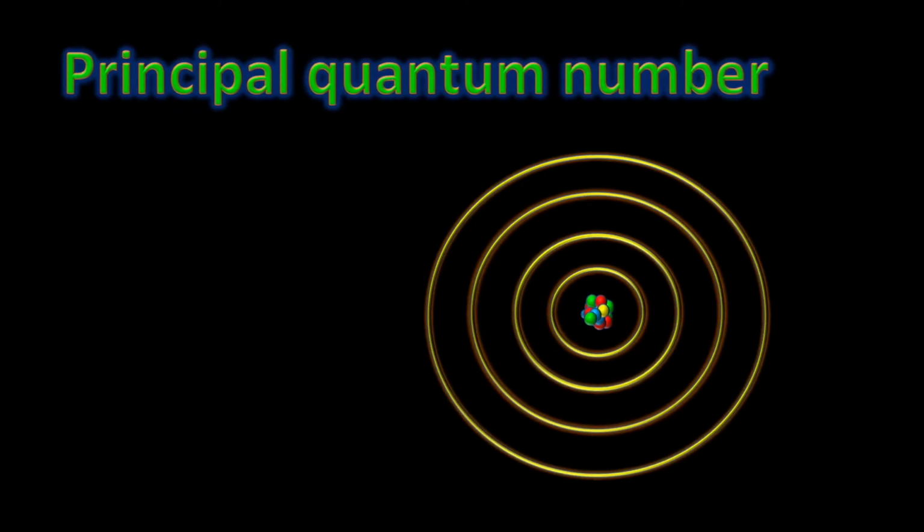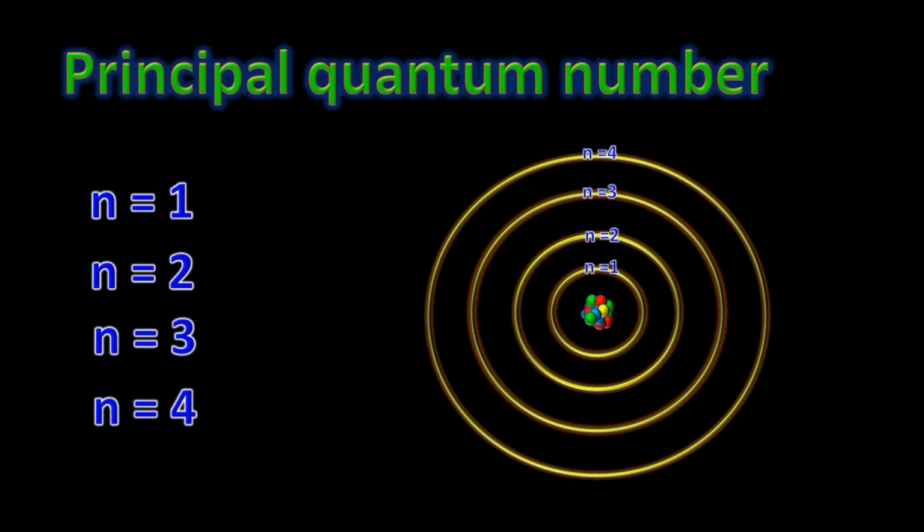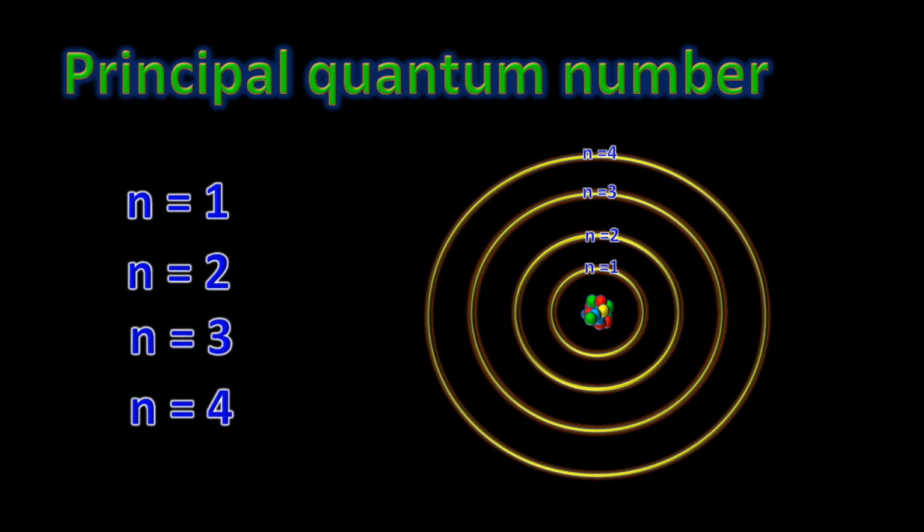The first one is the principal quantum number. The principal quantum number gives the size and energy of the orbit. Look here, as Bohr proposed stationary orbits around a nucleus, the orbits are named n equal to 1, 2, 3, 4, although they are also known as K, L, M, N, denoted by the integers 1, 2, 3 and 4.